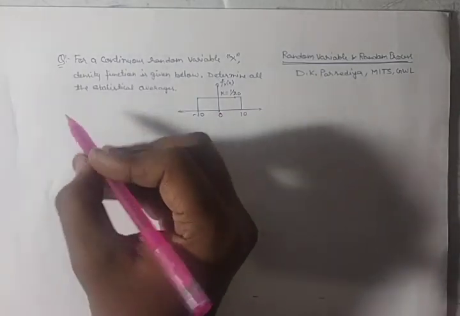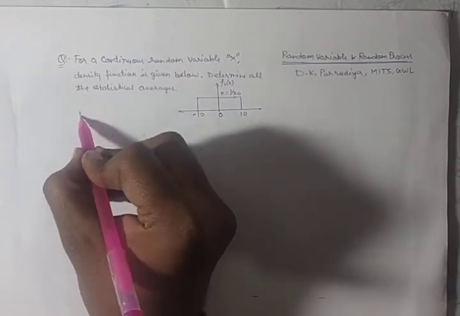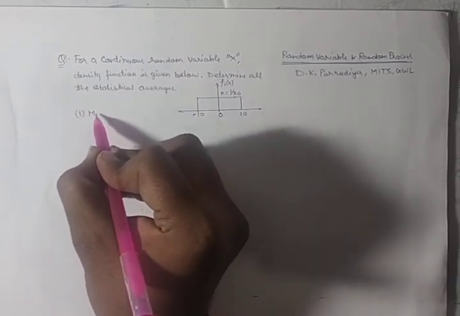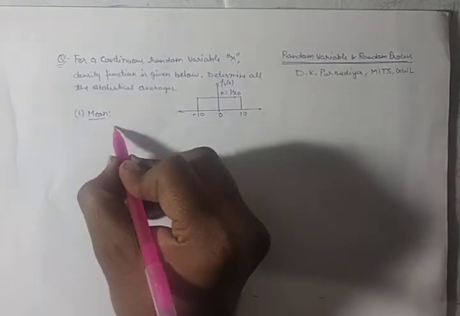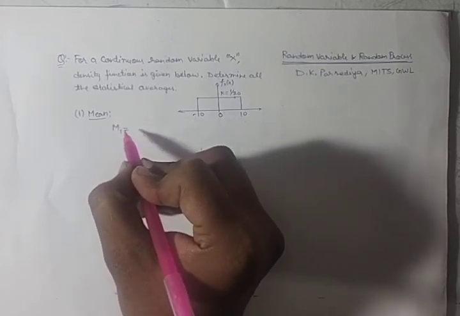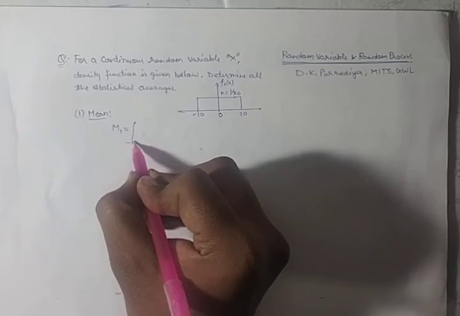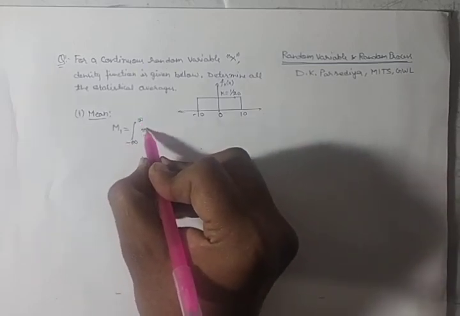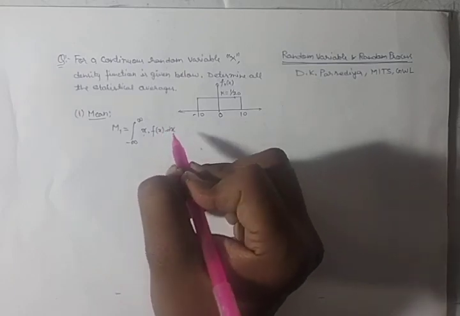So the first statistical average is the mean. This mean is given by m1 and its formula is the integration from minus infinity to plus infinity of x dot f(x) dx.